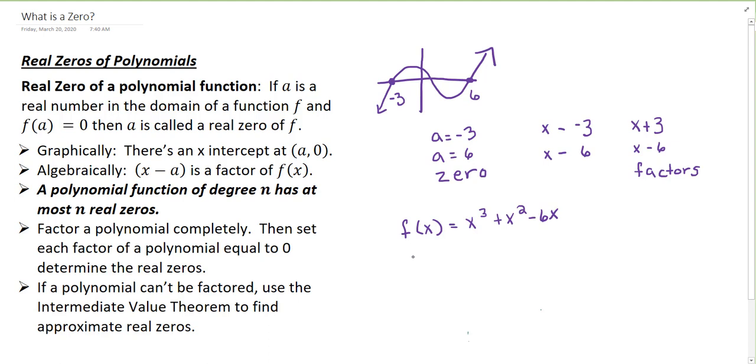Well, what that means is, as far as zeros are concerned, that the maximum number of zeros that this polynomial could have is 3. In other words, the maximum number of times this polynomial can cross the x-axis is 3. It could be less than 3, it could be equal to 3, but it could never be more than 3. And so that is always the case. Your degree determines the maximum number of zeros you could have.